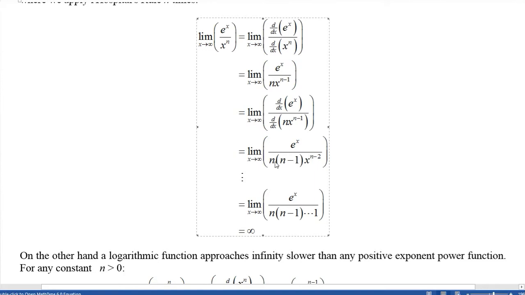And we do it again, and we have n times n minus 1 times n minus 2, and then times x to the n minus 3. But the top just stays e to the x every time. Eventually, if you take enough derivatives, the bottom gets down to the constant n times n minus 1 times n minus 2 times n minus 3, all the way down to 1, or in other words, n factorial in the denominator. But the numerator is still e to the x.